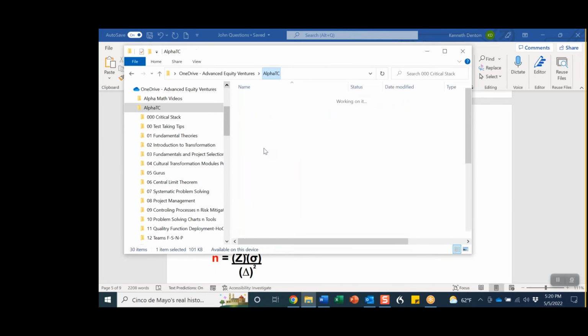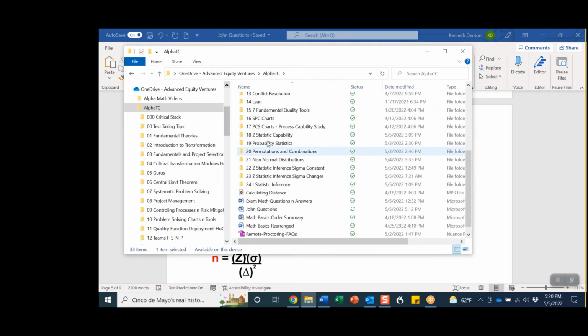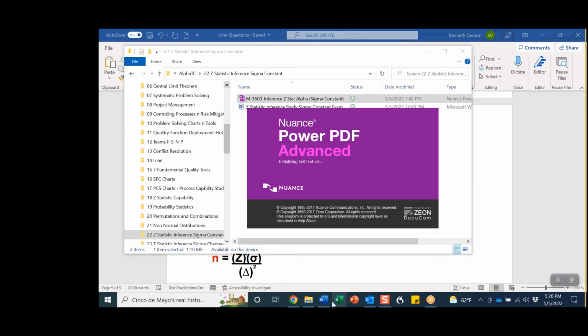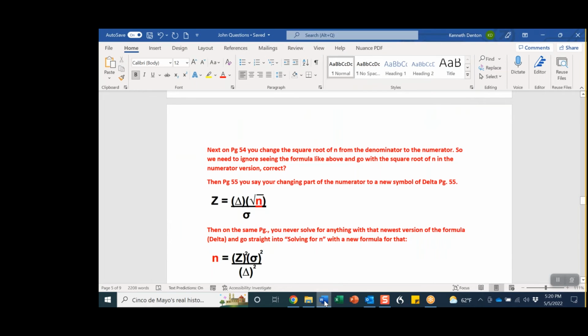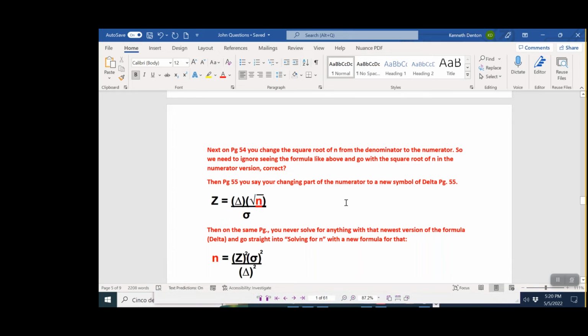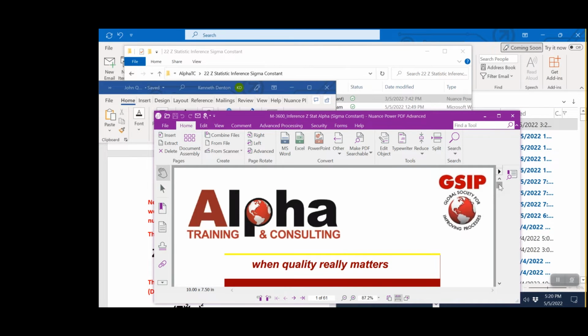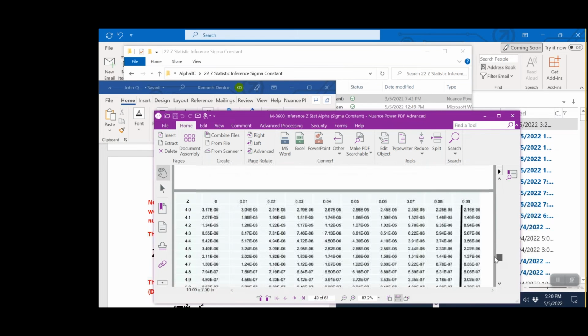Z statistic constant PDF, page 54. What's going on here? Oh, there we go. Page 54.